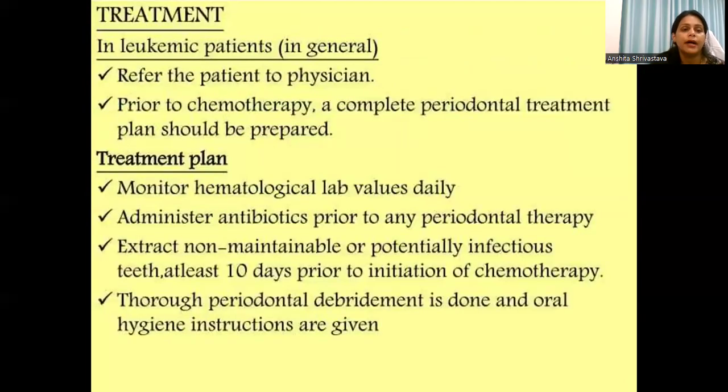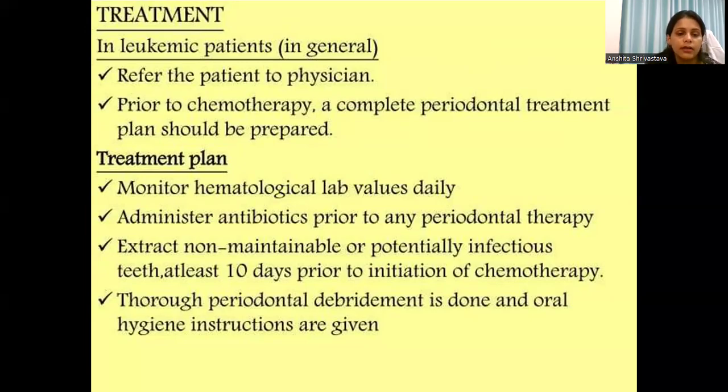Coming to the treatment part, in leukemic patients, first of all, what will you decide? You will refer the patient to the physician. And prior to chemotherapy, a complete periodontal treatment plan should be prepared. What would be the treatment plan?